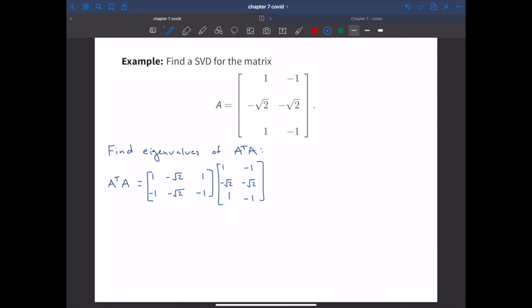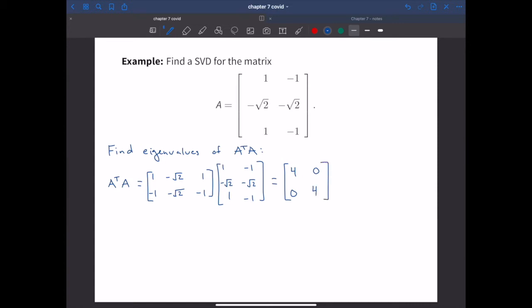All right? So when we multiply these together, we're going to get 1 plus 2 plus 1 is 4. Then we're going to get 0 here, and a 0 here, and last of all, we will get a 4 here.